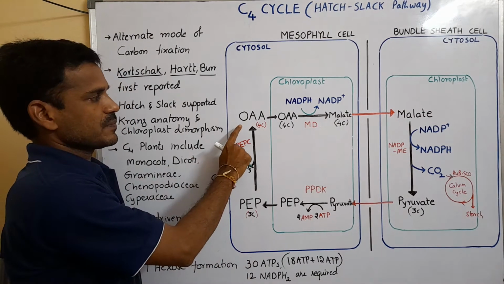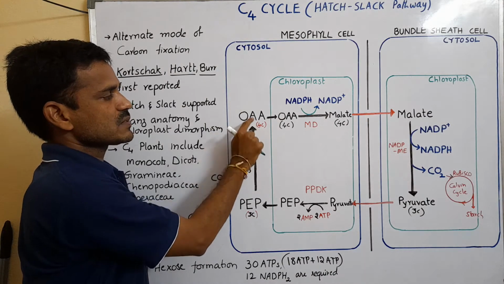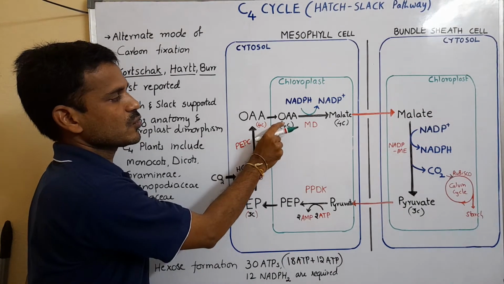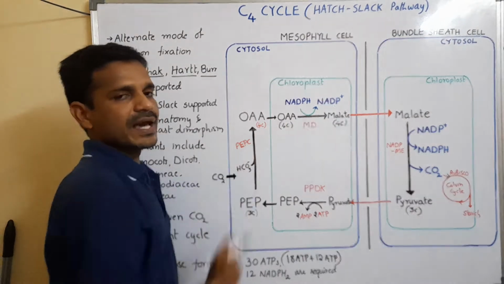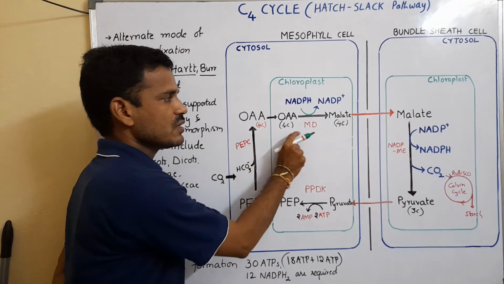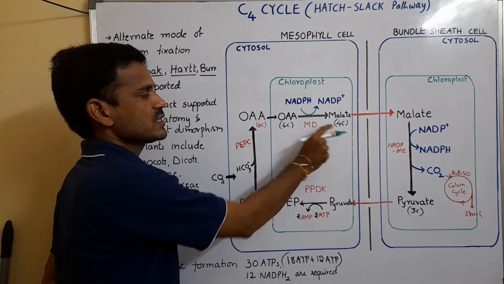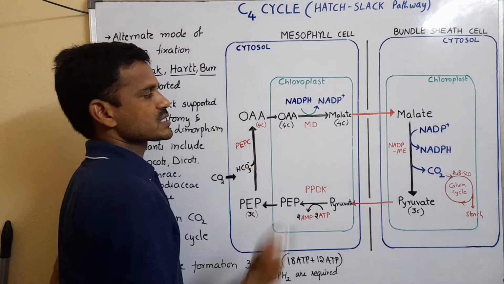In the next step, oxaloacetic acid, now present in the cytoplasm, enters the chloroplast. After entering the chloroplast, oxaloacetic acid is converted into malic acid, or malate. It is a conversion of oxaloacetate to malate.